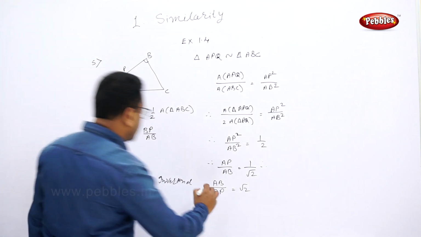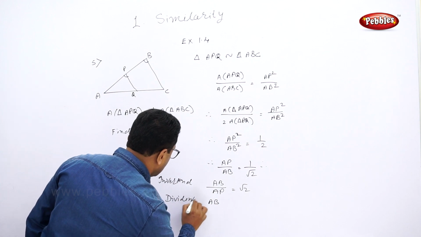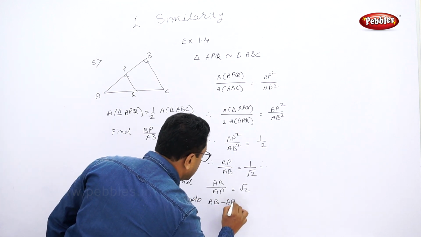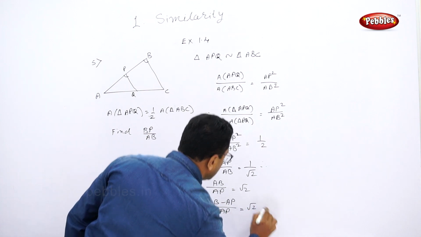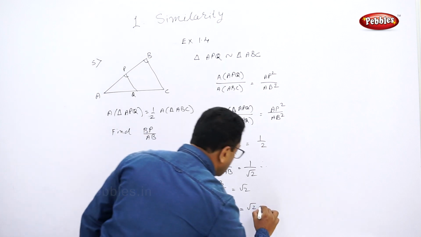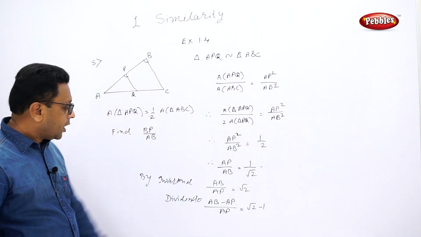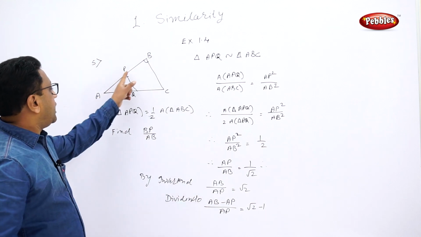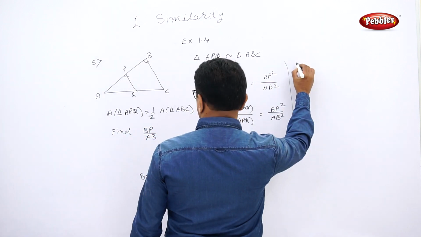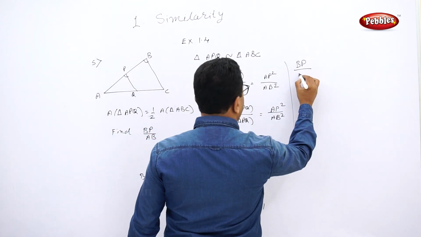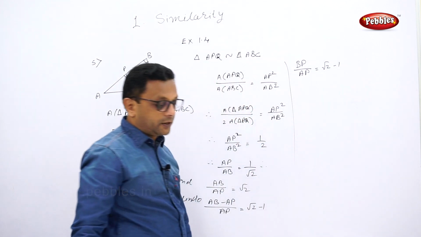Now by dividendo, AB minus AP upon AP is equal to root 2 minus 1. And AB minus AP is nothing but BP. So I will have BP upon AP is equal to root 2 minus 1.